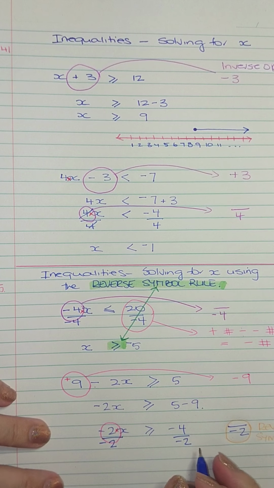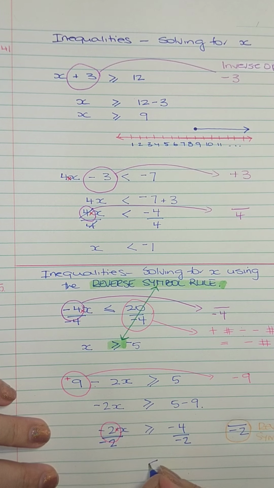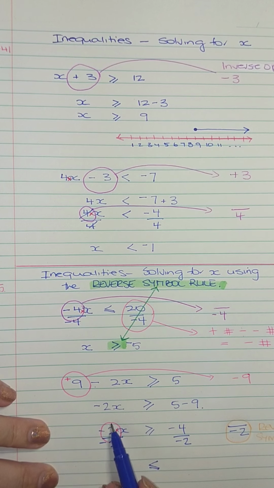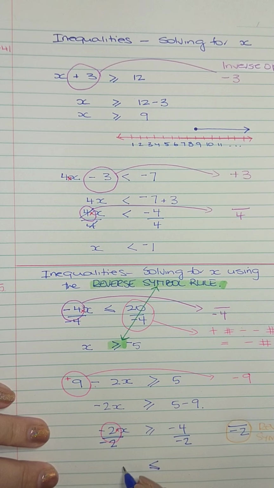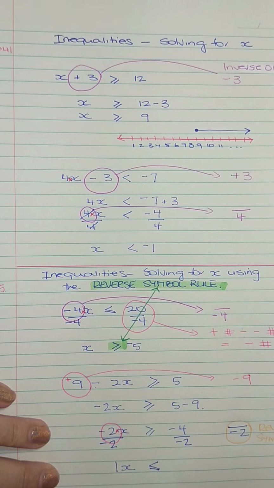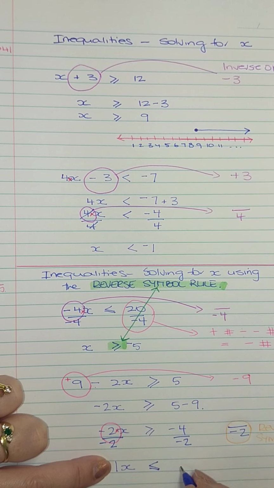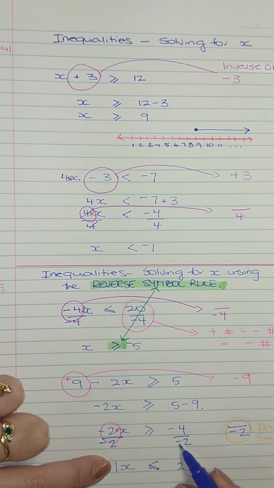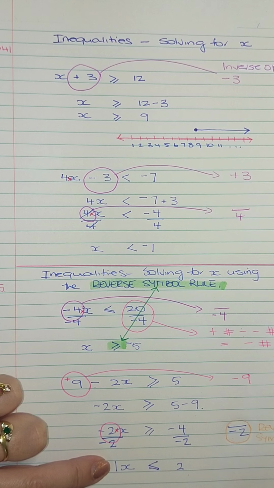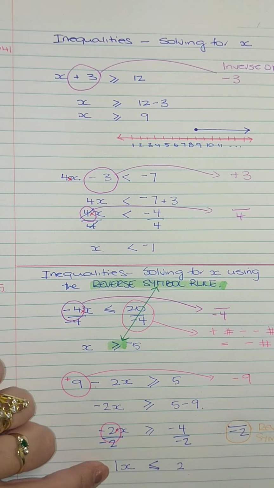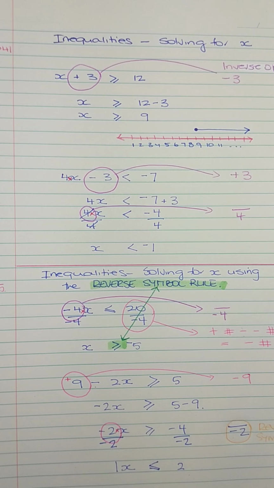Instead of greater than or equal to, it's going to be less than or equal to. Negative 2 divided by negative 2 is 1. We don't need to write that 1 there anymore, so it's just x. 4 divided by 2 is 2. A negative divided by a negative is a positive number. So x is less than or equal to 2.